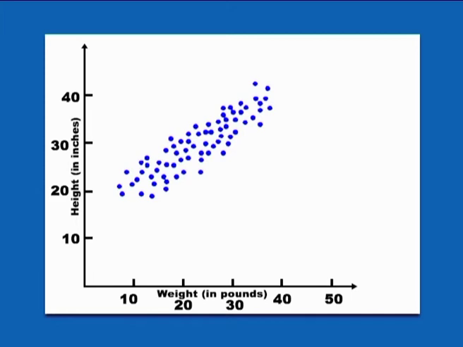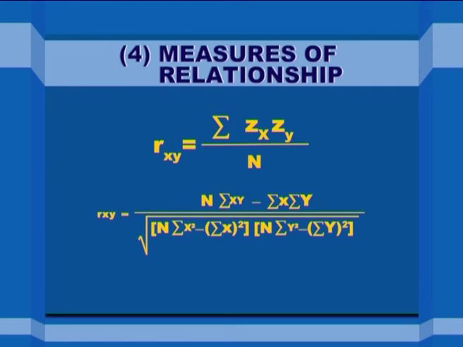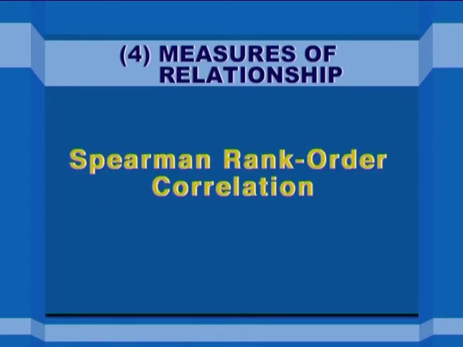For example, if we wanted to create a scatter plot of our sample of 100 children for the variables of height and weight, we could start by drawing the x and y axes, labeling one height and the other weight, and marking off the scales so that the range on these axes is sufficient to handle the range of scores in our sample. We then continue the process for all of the other children in our sample, which might produce a scatter plot as shown on the screen. It's always a good idea to produce scatter plots for the correlations that we compute.